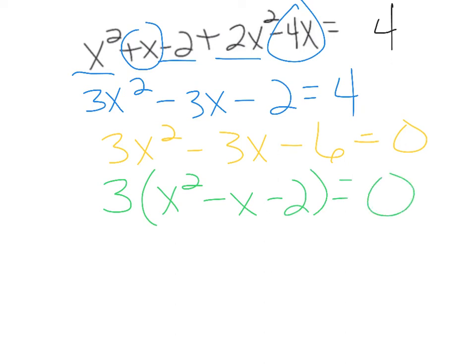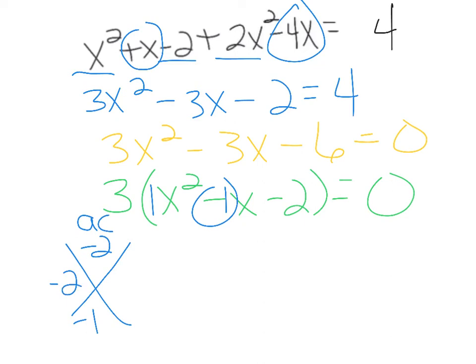I would now factor the trinomial x squared minus x minus 2 using my diamond method. So finding factors of a times c, 1 times negative 2, that sum to my value of b, negative 1. Numbers that multiply to negative 2 and add to negative 1 are negative 2 and 1.